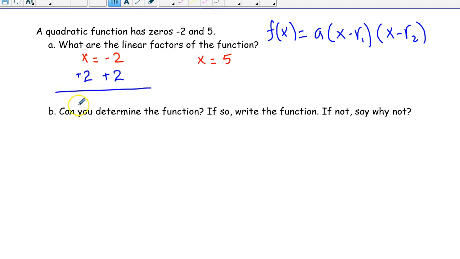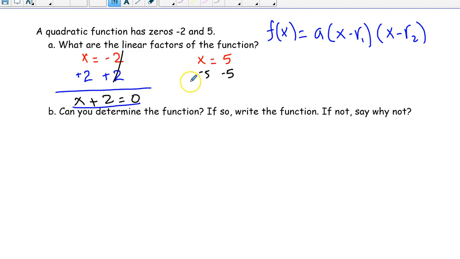So what is remaining now? You have -2 positive to cancel out. So you are left with x plus 2, that is equal to 0. Similarly here, take away what? 5.